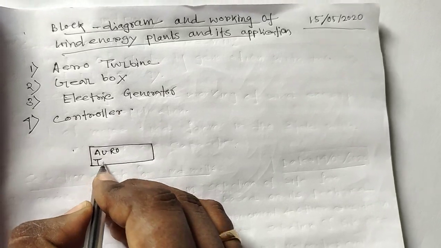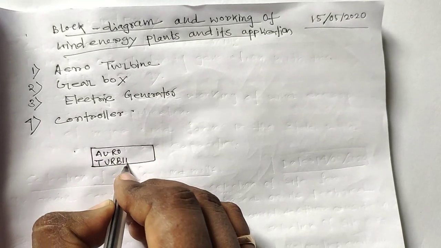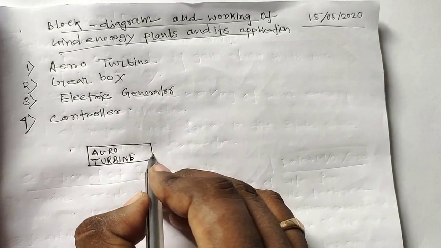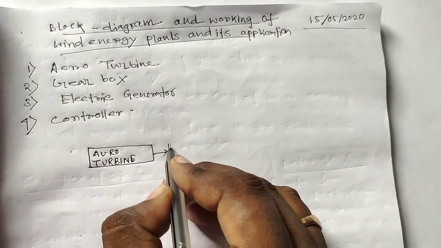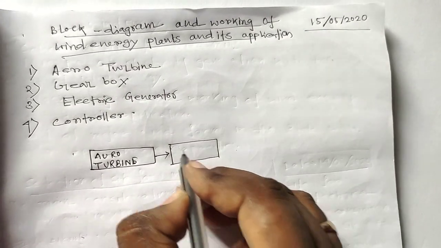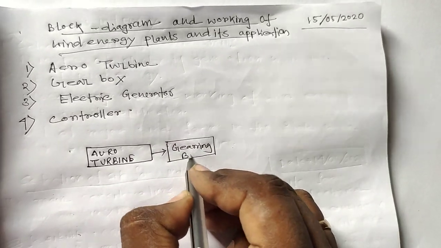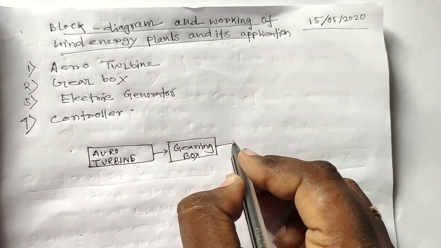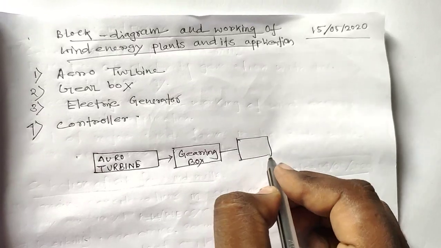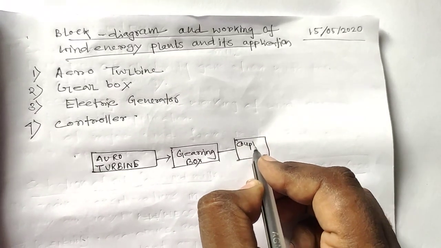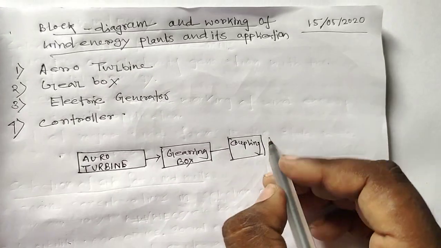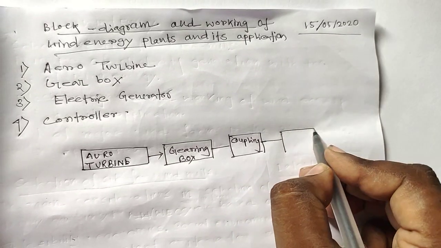This is coupled to the gearing box, which is coupled to the electrical generator.